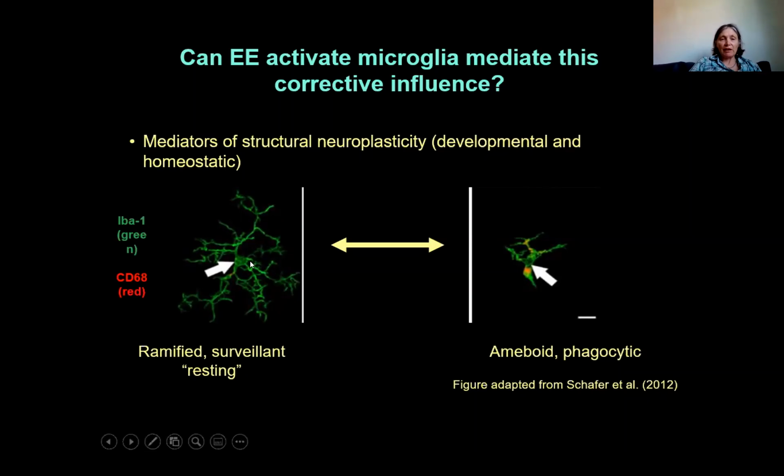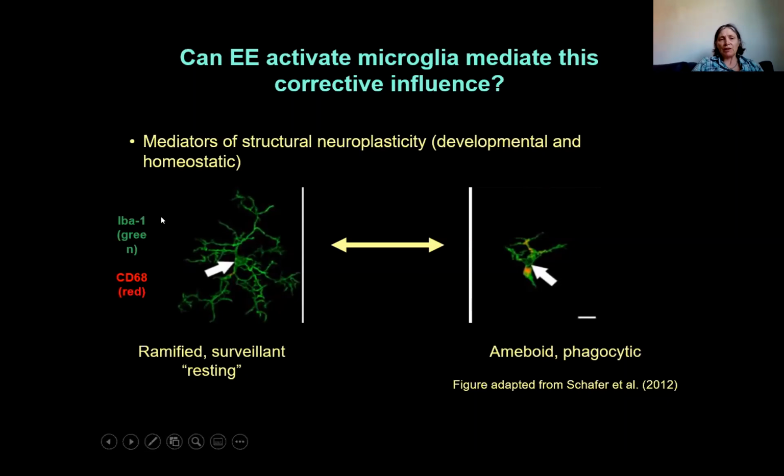Just as a bit of background, microglia can occupy two main states. One is the ramified, surveillant or resting state, seen morphologically by the presence of a large number of long ramified processes. Or they can convert to an amoeboid or phagocytic state, when they're actively phagocytosing inputs.